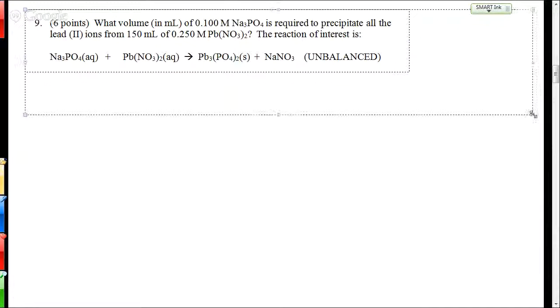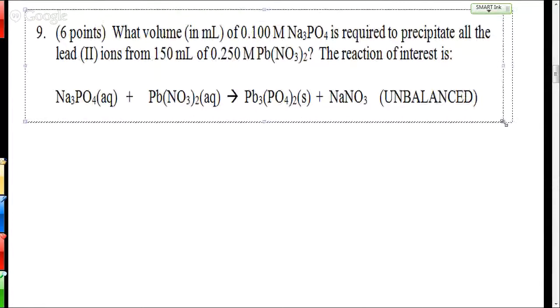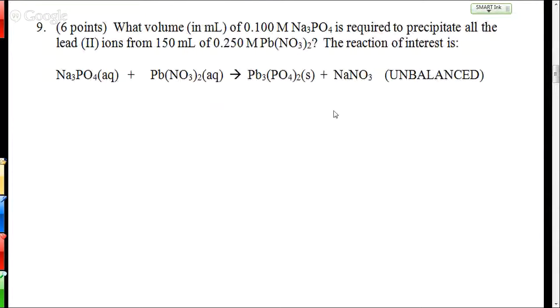So here's a nice chemical equation. This test author was nice in giving you all the formulas, but you should be able to set up that equation on your own with just the names of those compounds.